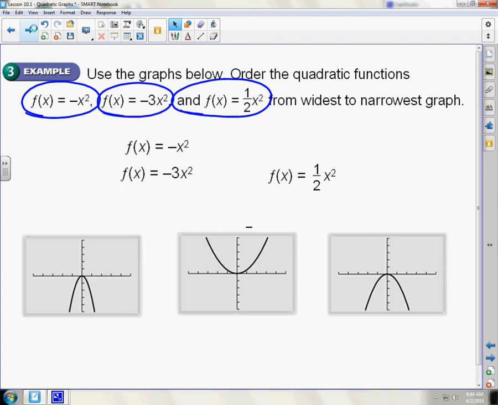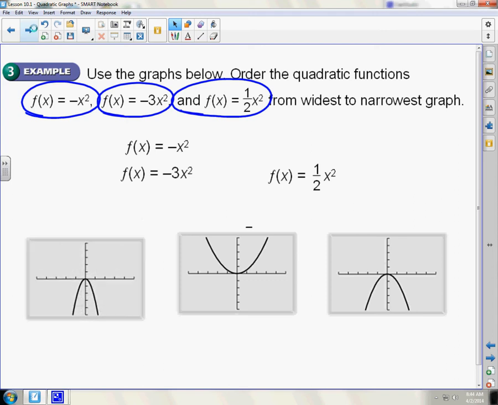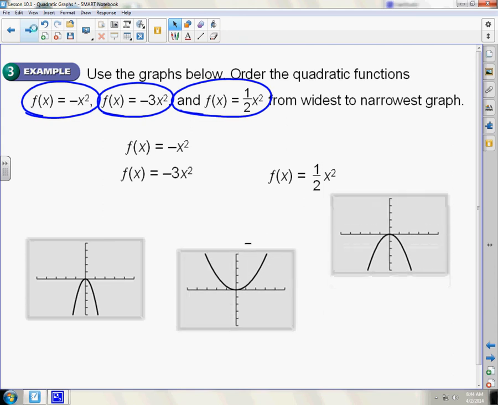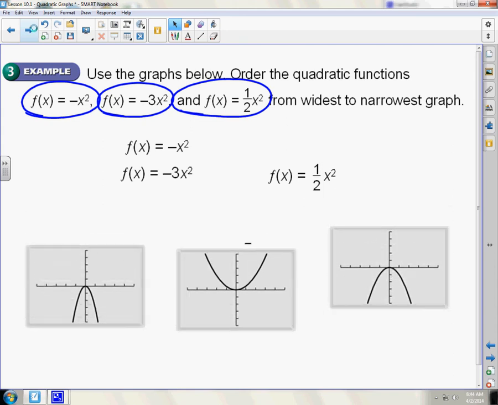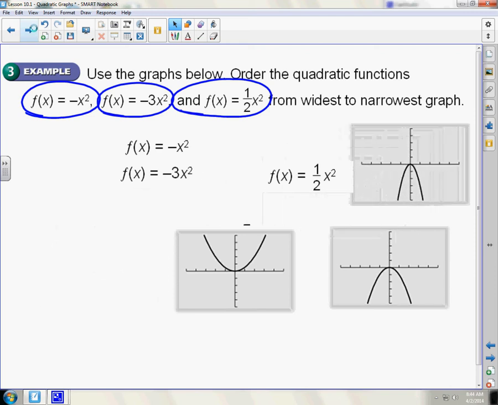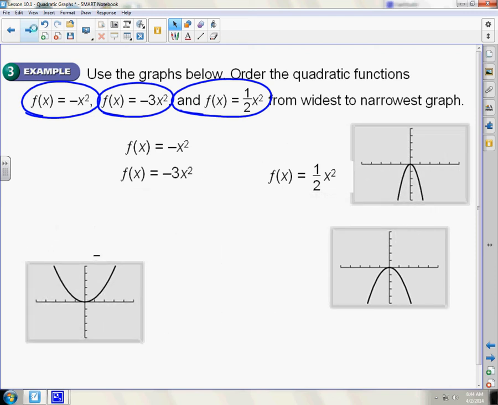If you see a negative equation, that means it's going to open down, like this one and this one. See how they both open down? Now, this one, 1/2 x squared, is opening upward, and that is my widest graph. I can tell right off the bat. So I'm going to put this one here, and it's 1/2 x squared.